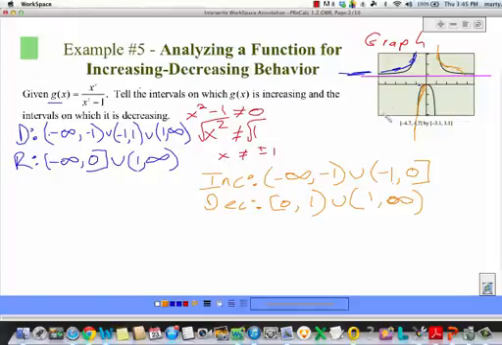Again, we're talking about the x values. So when the x's are from -infinity all the way up to -1, I'm increasing. I jump over the -1, I'm still increasing to 0, and then I start decreasing, jump over the 1, and start decreasing there. So my -1 and +1 really have a lot to do with my domain. They also have a lot to do with the increasing and decreasing in this case.